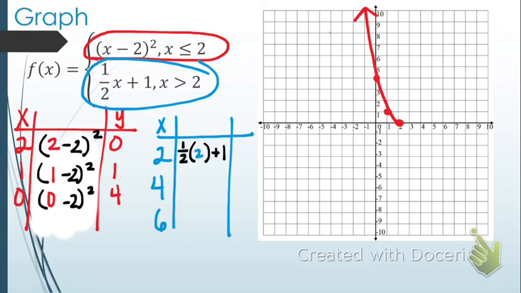Then 1/2 of 4, add 1. And then 1/2 of 6, add 1. Get your 3 y values.